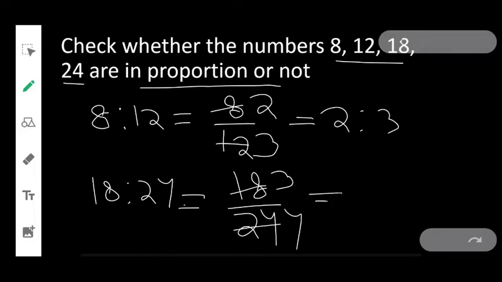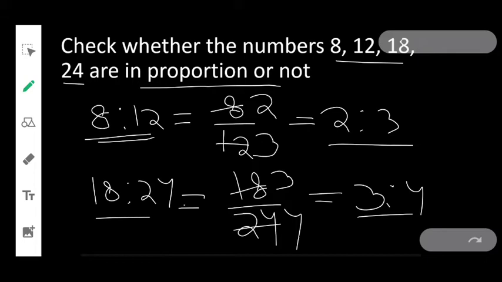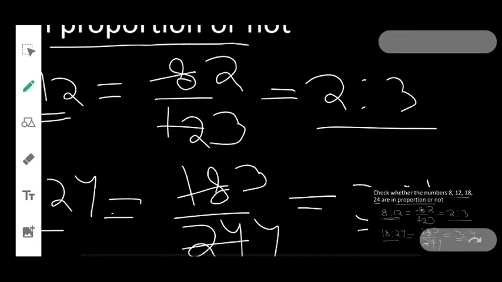So 18 is to 24 equals 3 is to 4. The simplest form of the first ratio is 2 is to 3, and the simplest form of the second ratio is 3 is to 4. As you can see, 8 is to 12 is not equal to 18 is to 24.